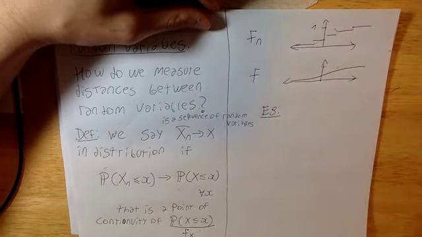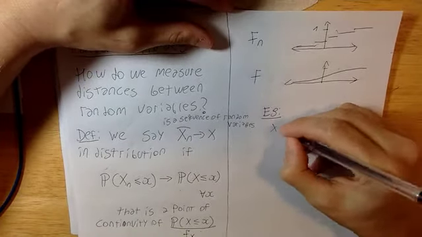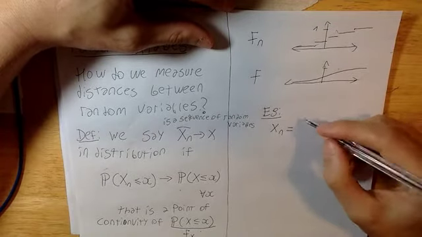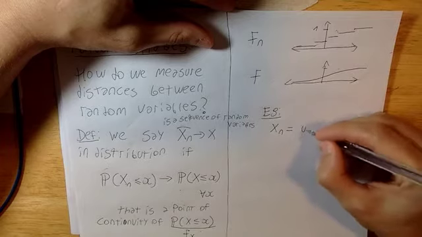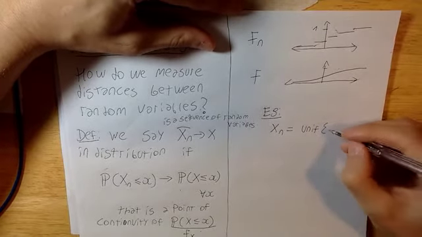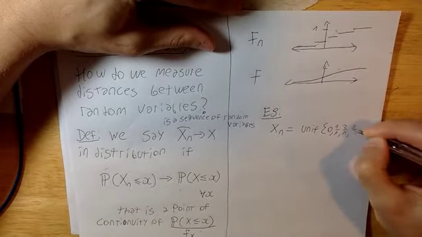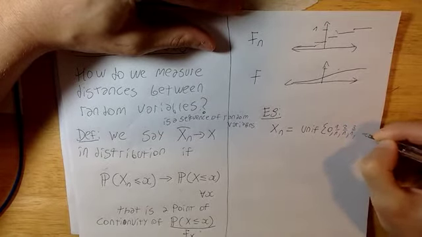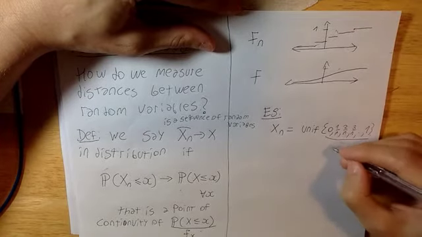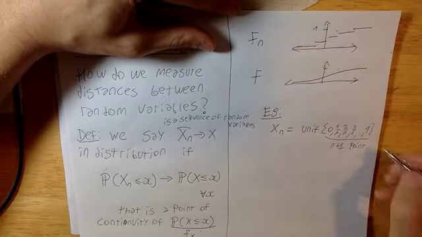So what is an example? Let's say that Xn is equal to a uniform distribution in the set 0, 1 over n, 2 over n, 3 over n, all the way up to 1. Okay, so these are n plus 1 points.